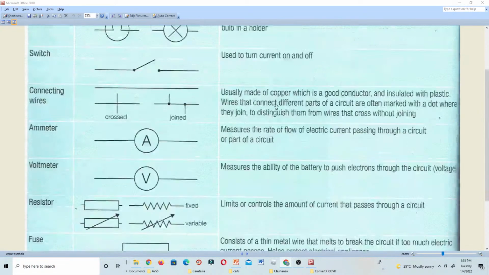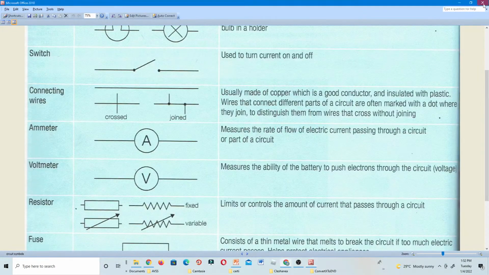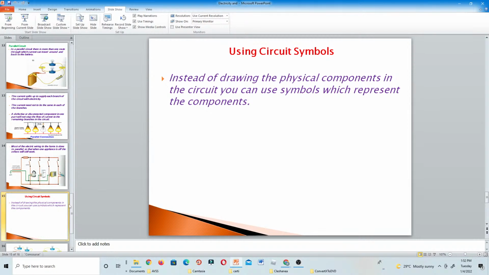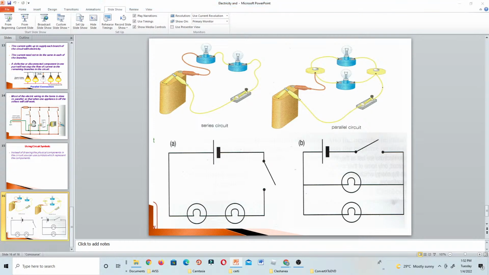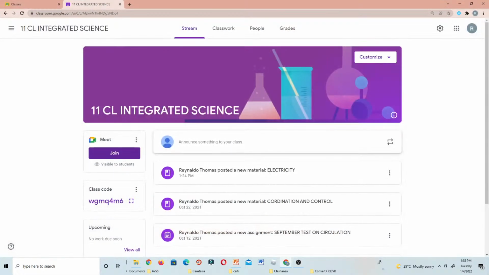Alright, so post it. Alright, so you already have a perfect example in terms of showing a circuit and showing the things of a circuit.